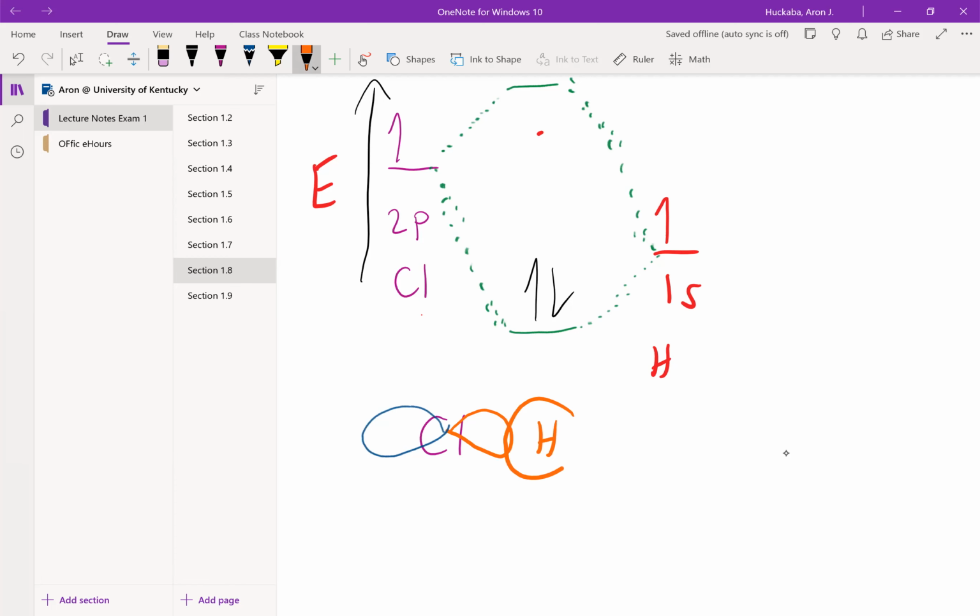Its phase must be the same phase as the p orbital that the chlorine is using in order to make a bonding interaction.